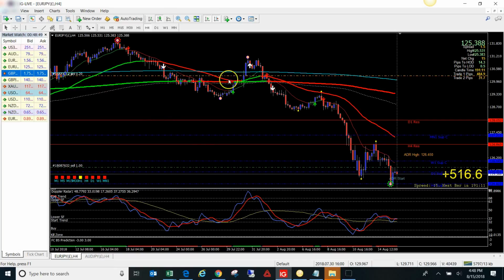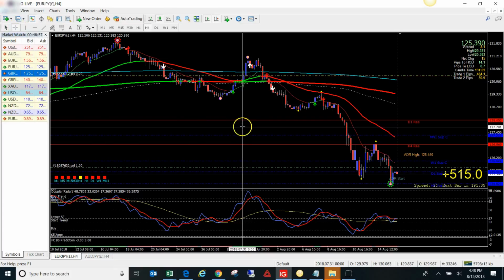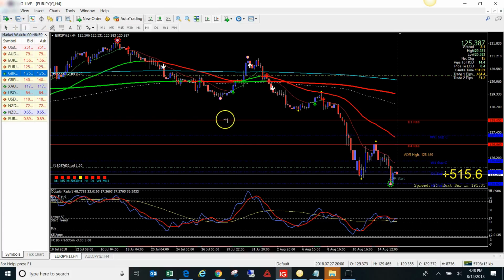And then the next confirmation for this sell, I knew it was overbought down here. So if you draw this vertical line, you want to be looking for selling opportunities after this vertical line.